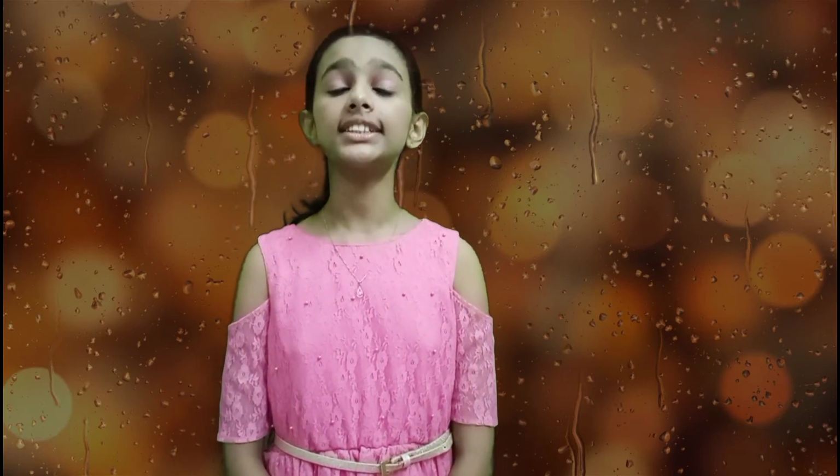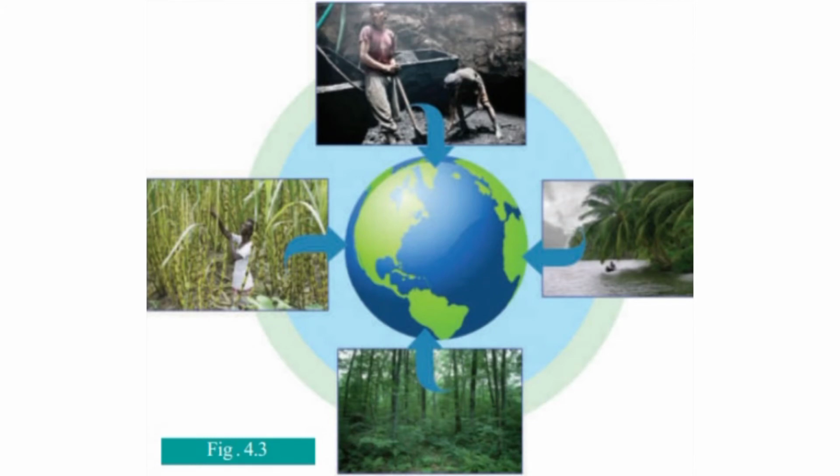Let's study about them in detail. Land. All the natural resources used in the production process are implied in the term land. Look at this picture. Here we can see the coal mining, bamboo cultivation, rubber cultivation and some coconut trees. These are all natural things that are produced here.